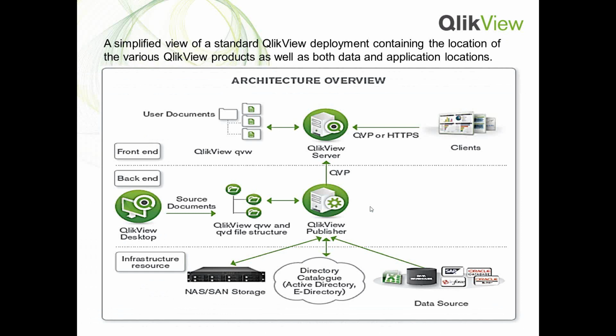So basically you will host your applications on the server, and through a web server you will go to a portal called an access point. When you go to the access point, the users will see the dashboards or the user documents. When they click on one, that document will be opened on the QlikView server, so the memory of the QlikView server will be used.